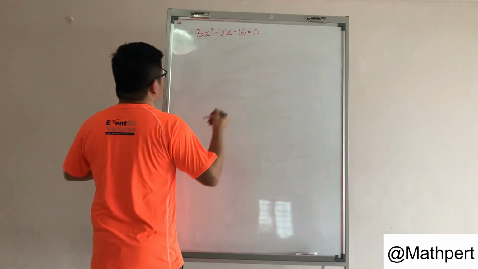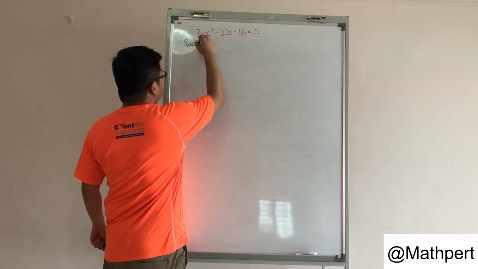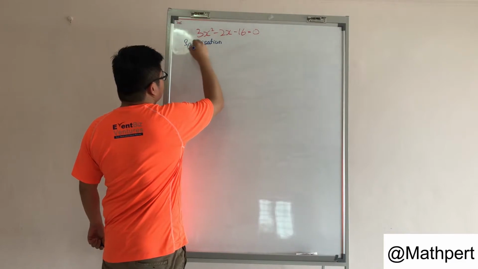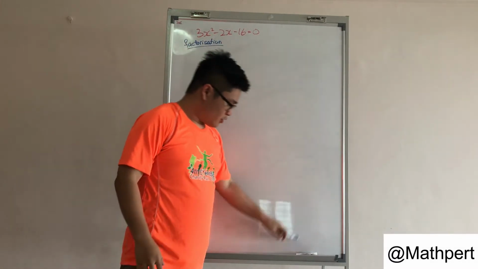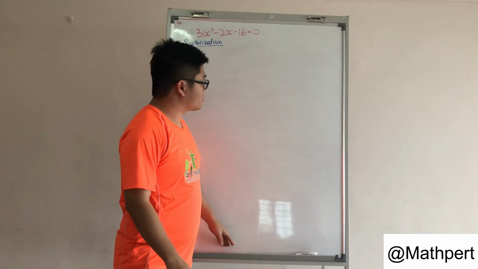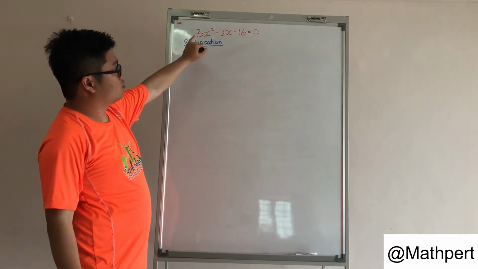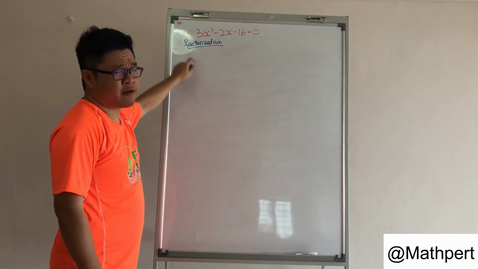We use the factorization method to solve this quadratic equation. So 3x squared minus 2x minus 16, solve it using factorization.